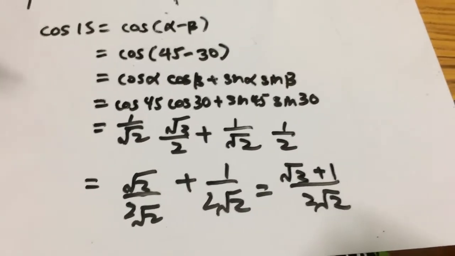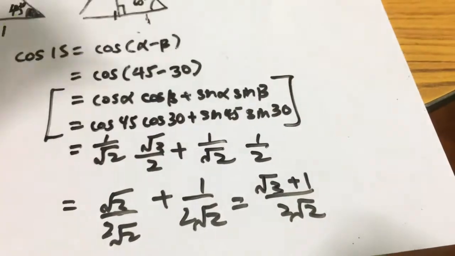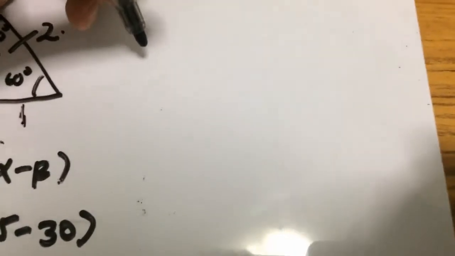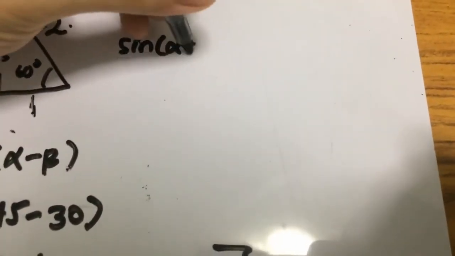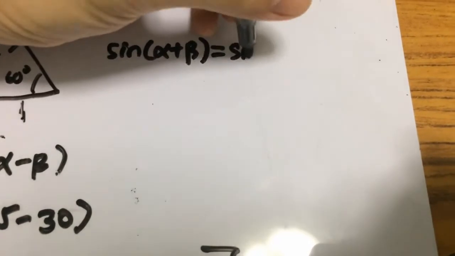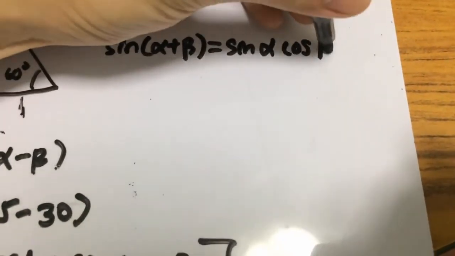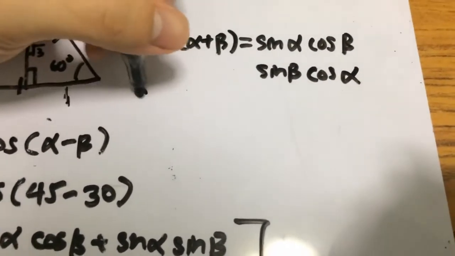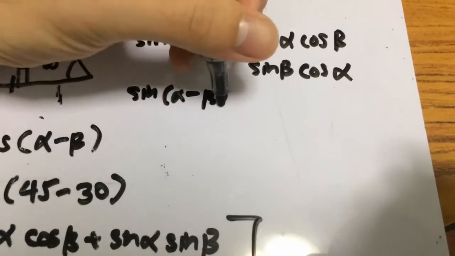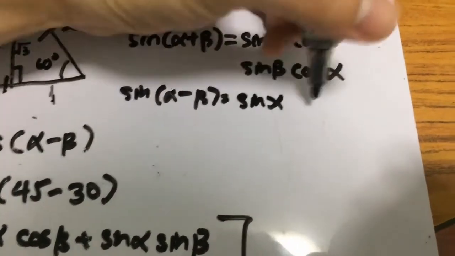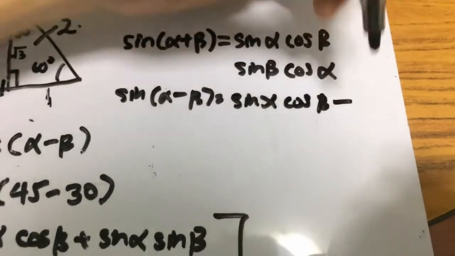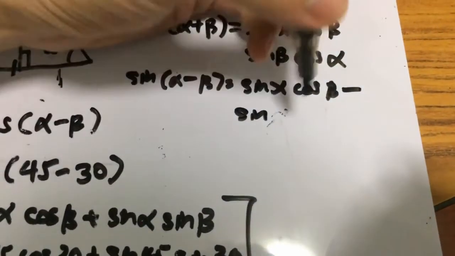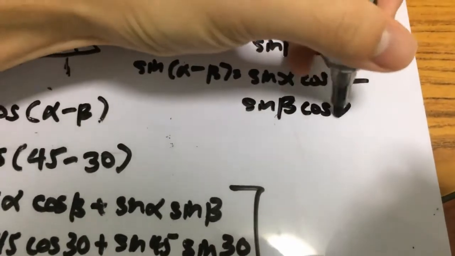But you need to remember this trigo addition formula. So let me repeat again. Trigo addition formula: sine alpha plus beta is sine alpha cosine beta plus sine beta cosine alpha. Sine alpha minus beta is sine alpha cosine beta minus sine beta cosine alpha.